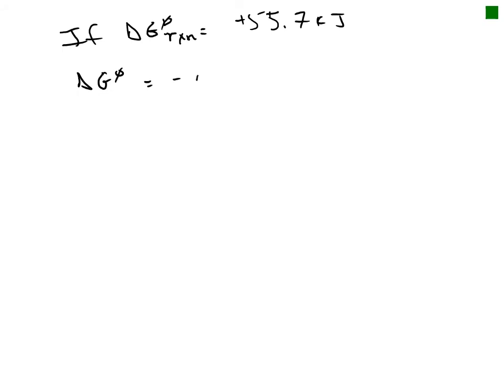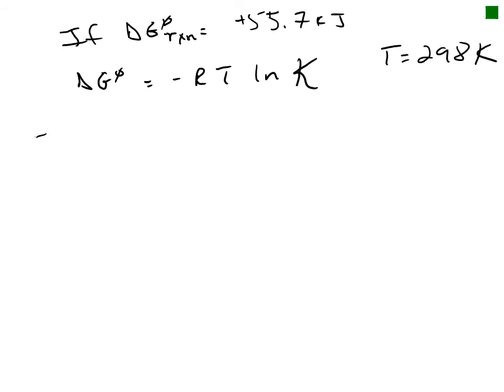If delta G naught for this reaction is equal to a value of positive 55.7 kilojoules, we know that delta G naught is equal to minus RT times the natural log of K. We're given that the temperature was 298 Kelvin.